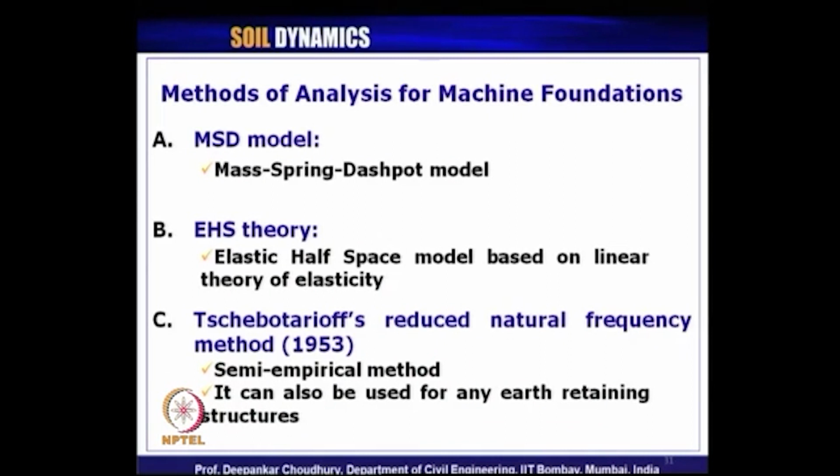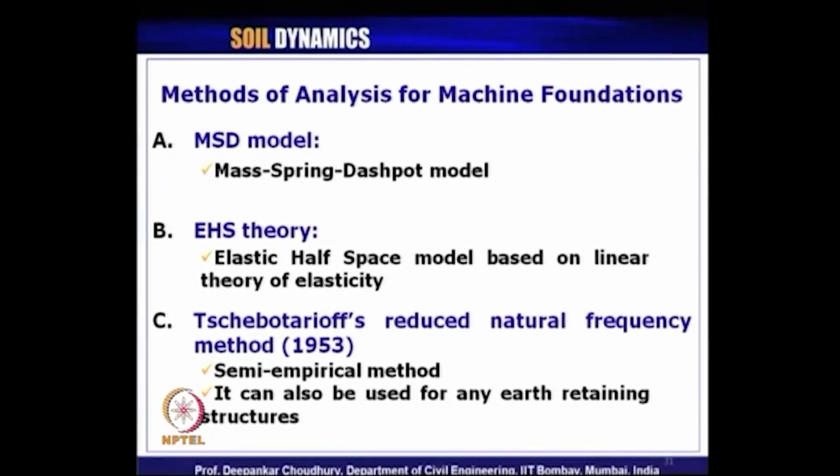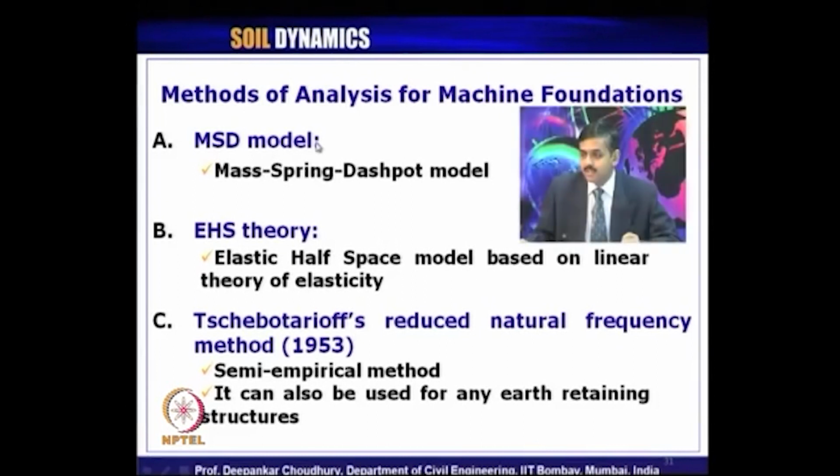Let us discuss now different methods of analysis for machine foundations. There are basically 3 methods of analysis for design of machine foundation. The first method is called the MSD model, that is nothing but the mass spring dashpot model.